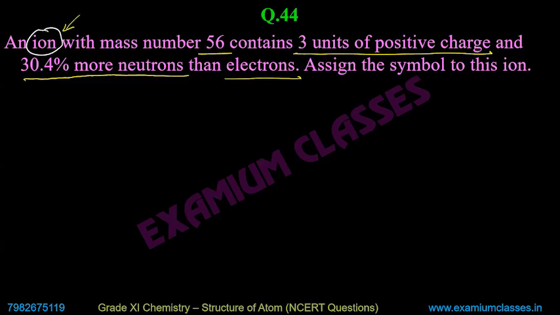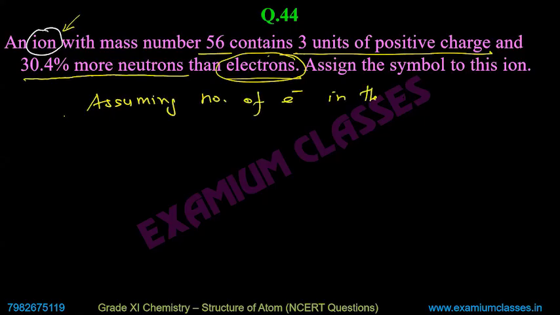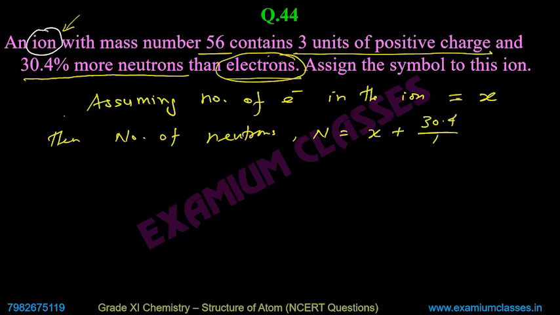So you will assume the number of electrons in the ion equals x. Then the number of neutrons n equals x plus 30.4 by 100 x. From here you get n equals 1.304x.